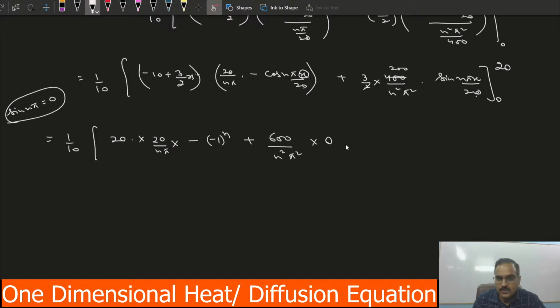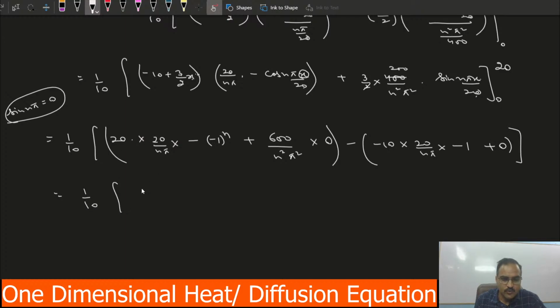You need to try this one. This is the upper limit. Minus lower limit 0. So minus 10 plus 3 by 2 into 0, so it will be minus of 10 into 20 over n pi into minus cos of 0, that will be 1, plus sine 0 will be 0. So we have 1 by 10, 20 into 20, 400 with negative sign, minus 1 raised to n over n pi.